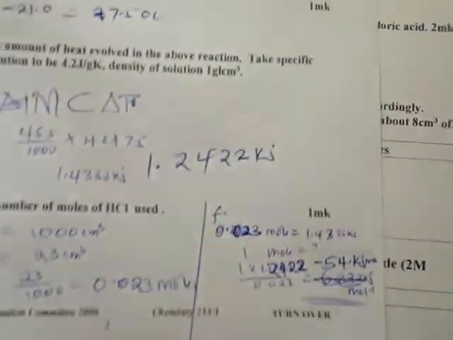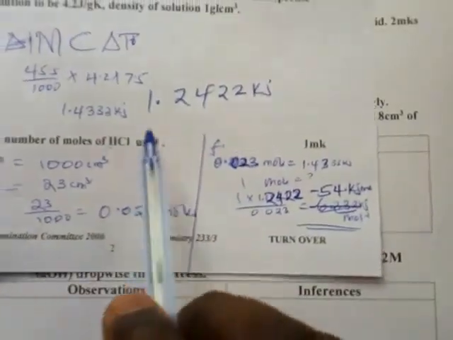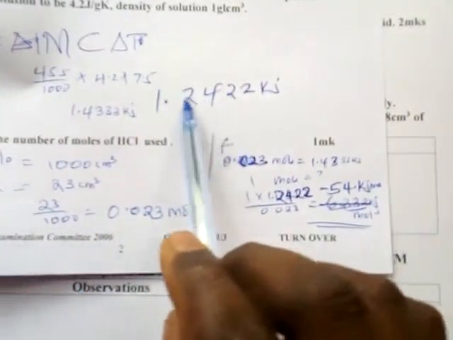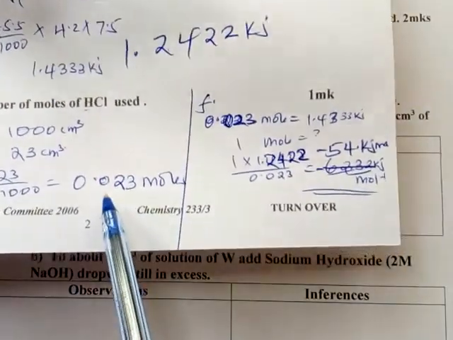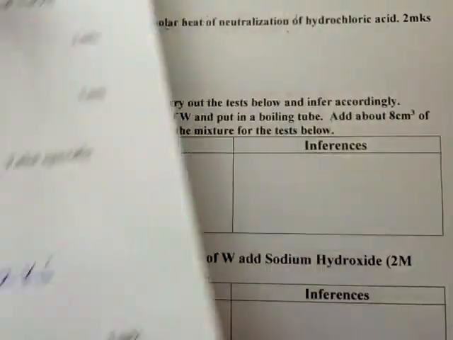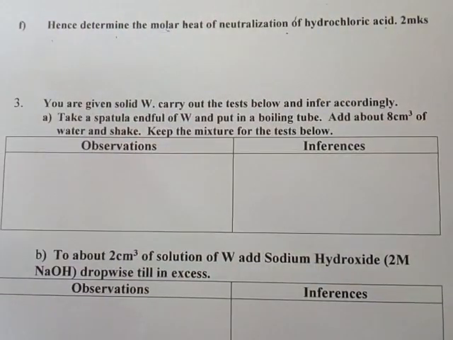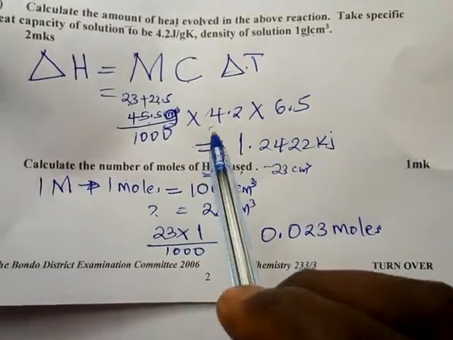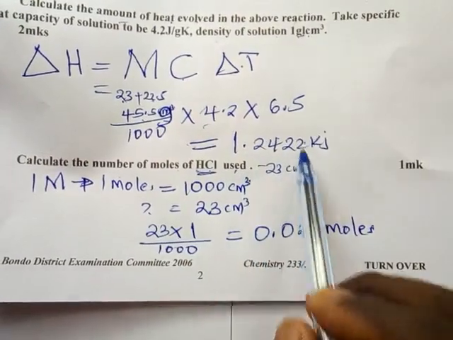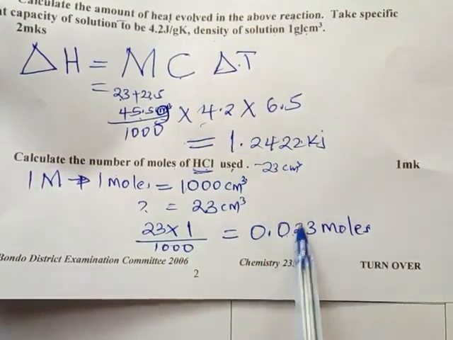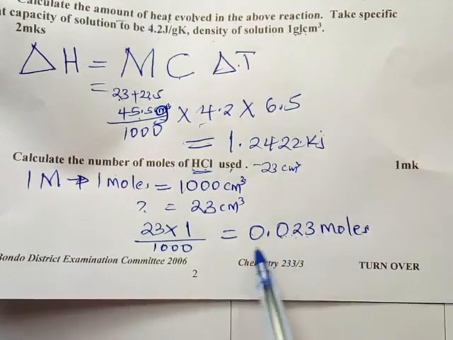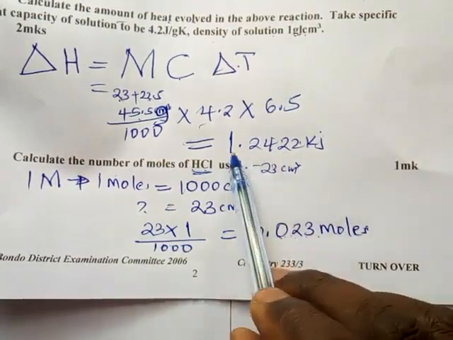So this kilojoules was produced with these moles. What about 1 mole? So we are going to say 0.023 moles produced 1.2422 kilojoules.